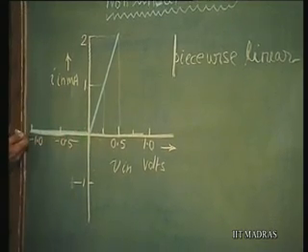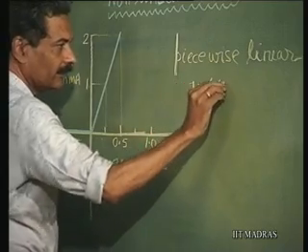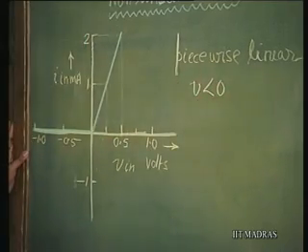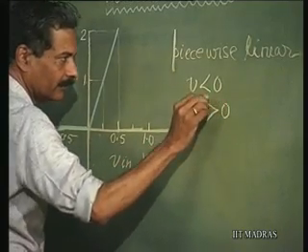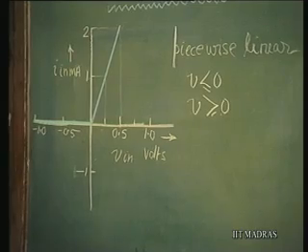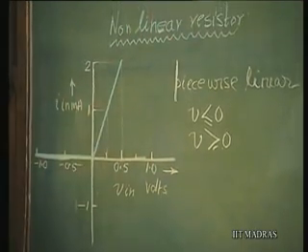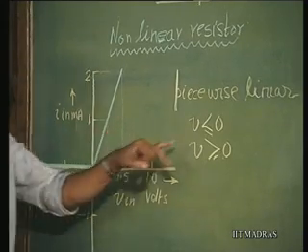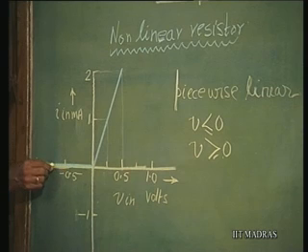This is one range, that is for V less than 0 it has some property, for V greater than 0 it has some other property. So, that is why it is called non-linear resistor. Now, for V less than 0, I is always going to be equal to 0, whatever be the value.